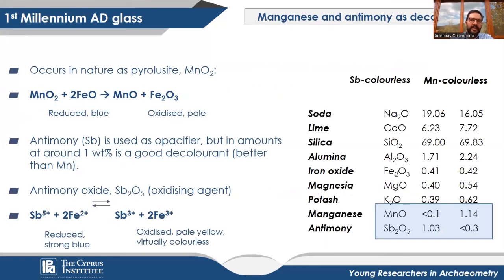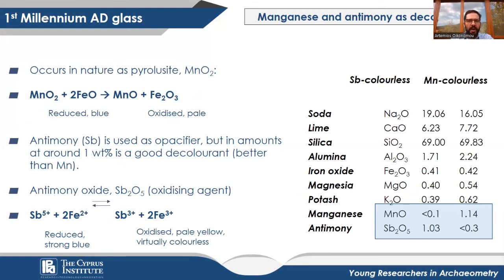There are two ingredients added to the glass batch which both oxidize iron: manganese and antimony. Both are introduced in the form of specific minerals, and they can both work as decolorizers. Here you can see the basic chemical formula describing this phenomenon.